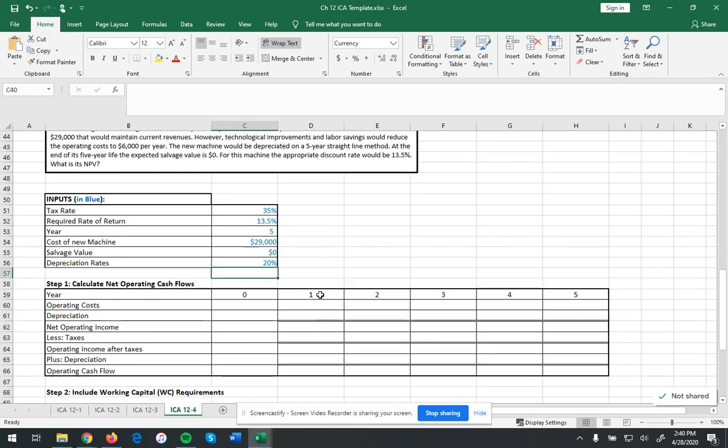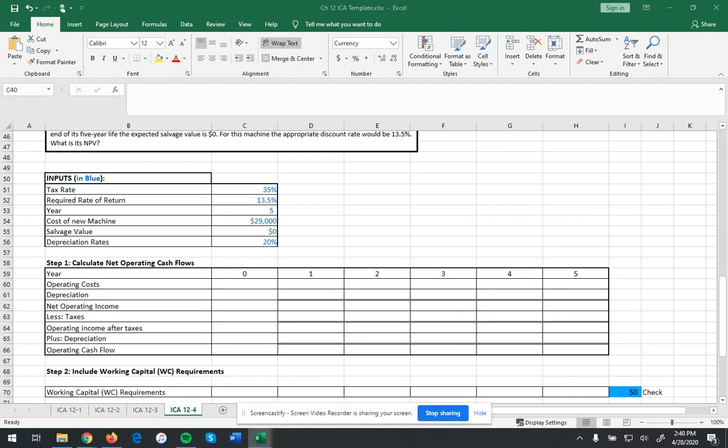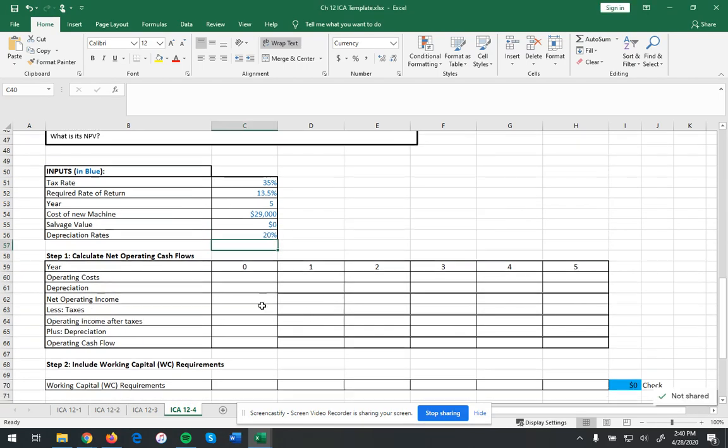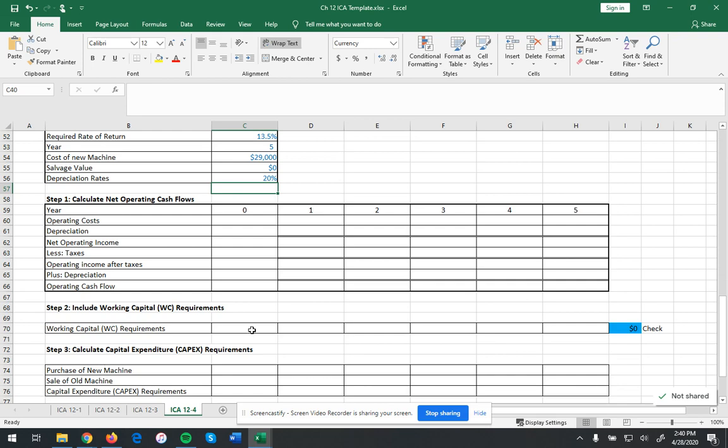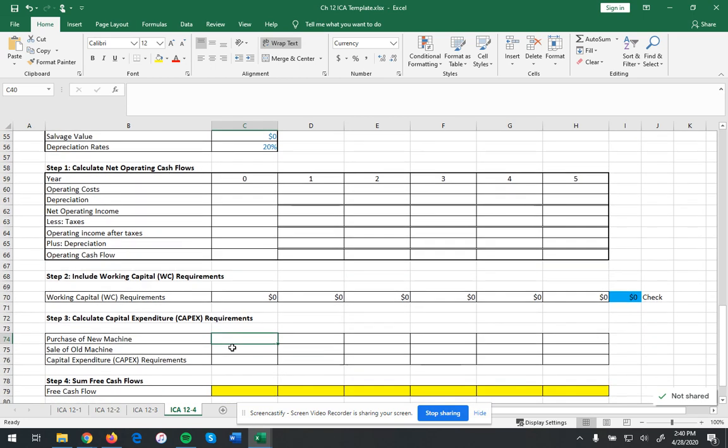Okay, so year 0, let's scroll down. Year 0, we don't have any operating cash flows. Working capital, we don't have any working capital, so that's going to be 0 all the way through. Okay, purchase of a new machine is going to be $29,000.